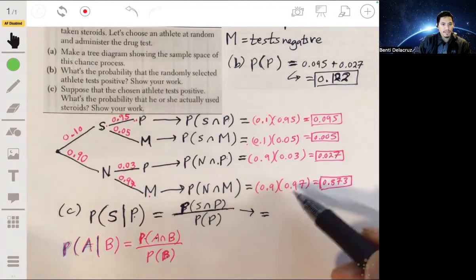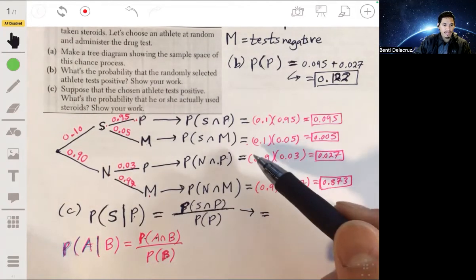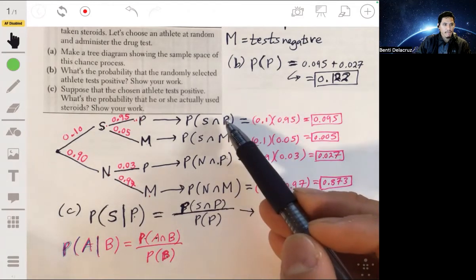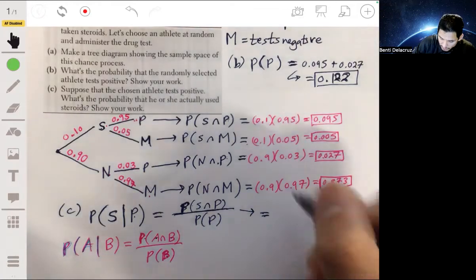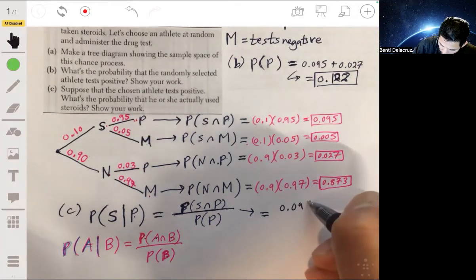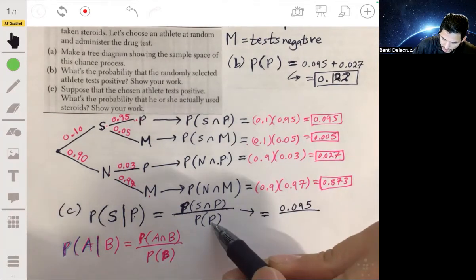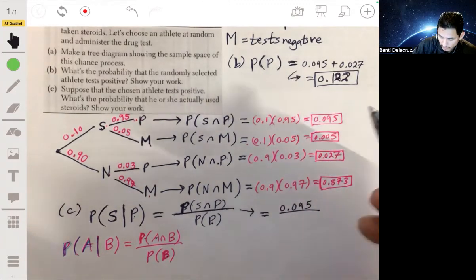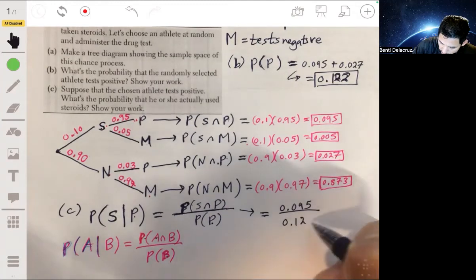And again, since we took the time to make a thorough tree diagram, we already have these. Probability of S and P is right here, and that's 0.095. We go 0.095 over the probability of P, which we just figured out in part B to be 0.122.